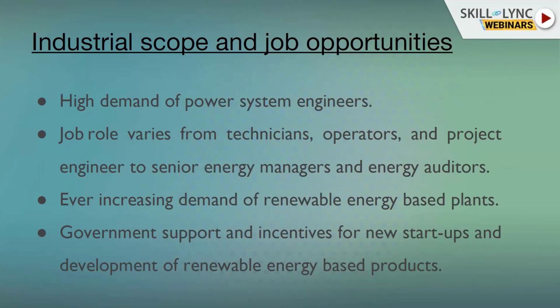Recently, the union government of India has set a target of around, I guess, 175 gigawatt of renewable energy based power plants. In that 175 gigawatt of energy production, 100 gigawatt is set for solar based energy. So this is a very huge amount of power generating capacity which India is targeting in the next 1 or 2 years.